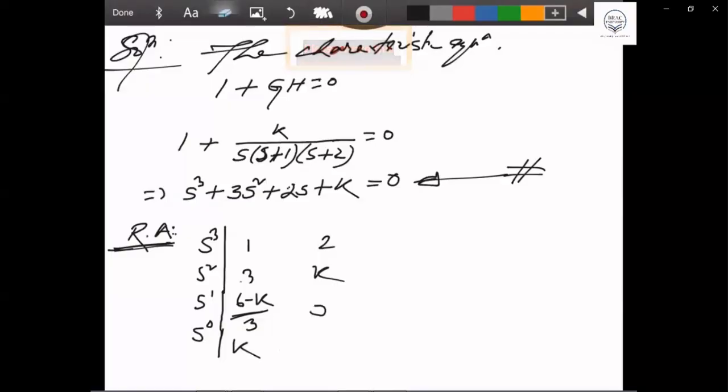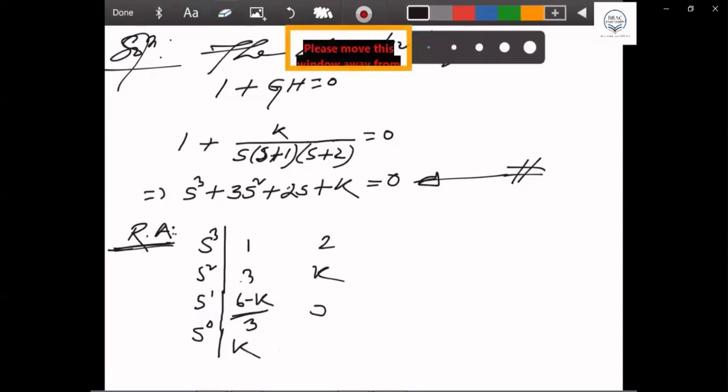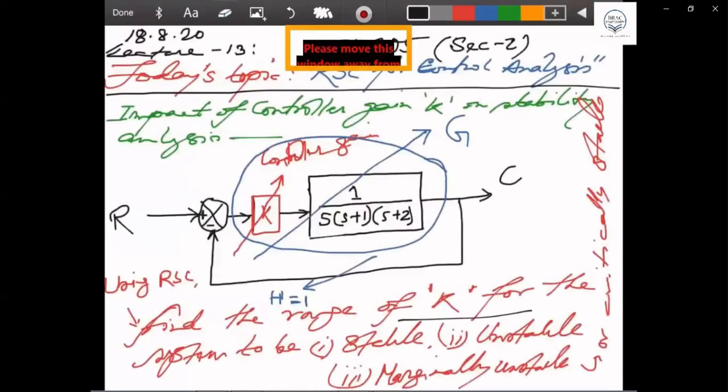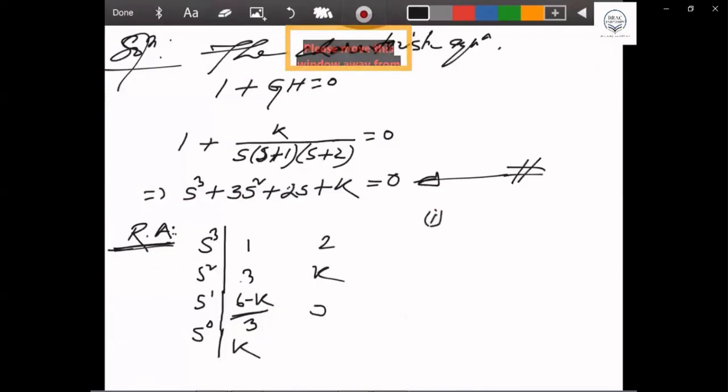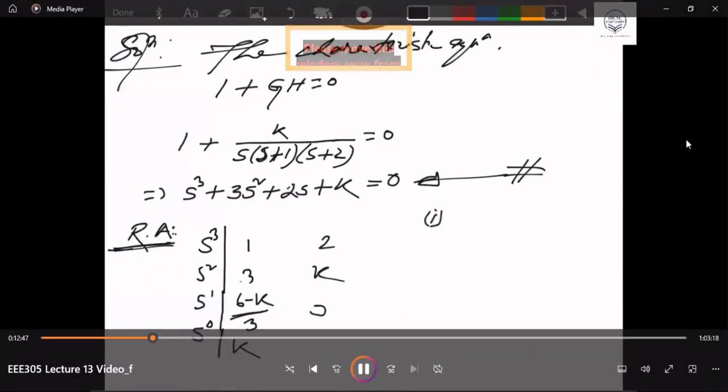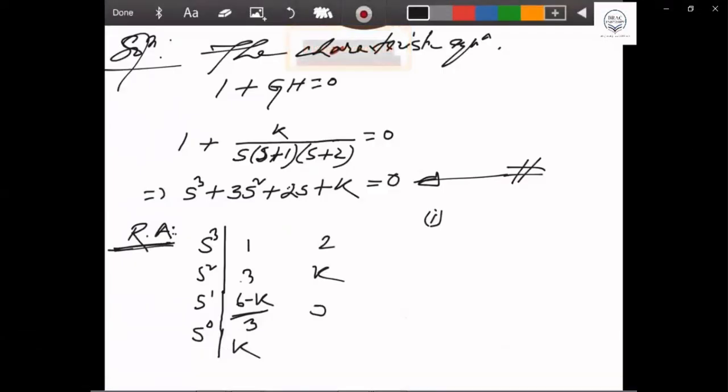Okay, now this is the Routh array we calculated. Now, if we write that number 1, question 1 said, find the value of K so that the system is stable.